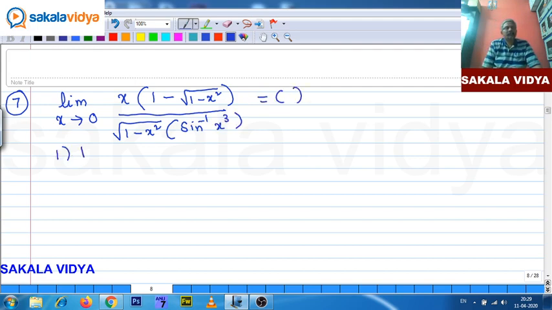First option 1, second option 1 by 2, third option is minus 1 by 2, fourth option is minus 1. This is the question. So, Ashish, leave it that book now.